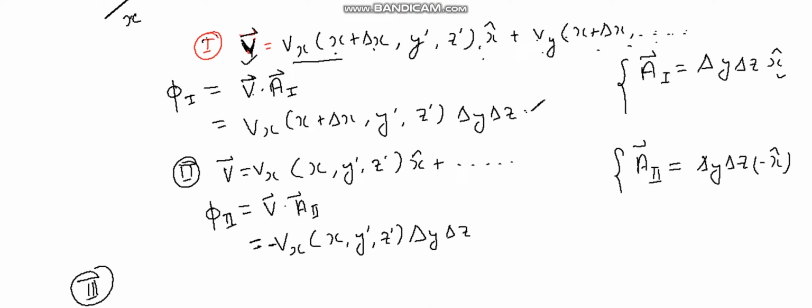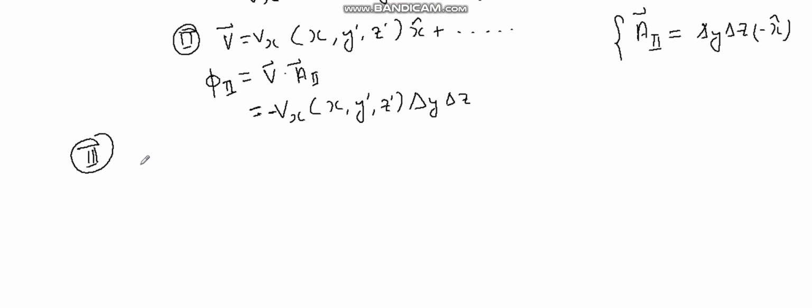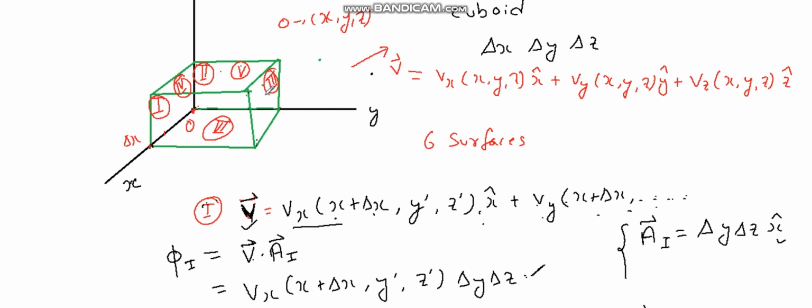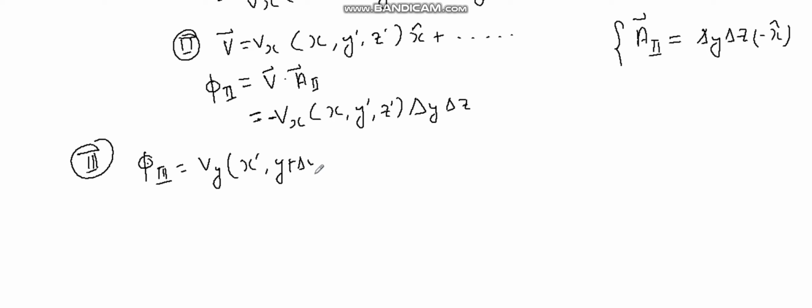Similarly for the third surface, we're going to have the same thing. This is the third surface, so only the y component of this vector field will contribute the flux. So we're going to have vy, and we have x prime, y plus delta y and z prime, right?